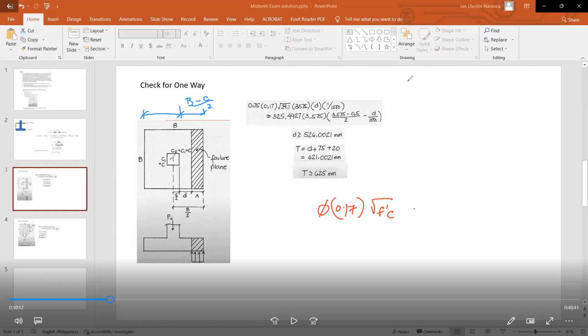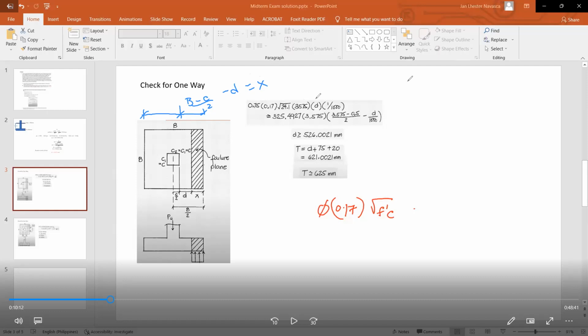Yun yung width of your column. Yung B is the width of your footing. So B minus C over 2 may value ka. Minus mo lang siya ng D. That is now your X distance. After that, you can now solve for the one-way shear stress capacity.